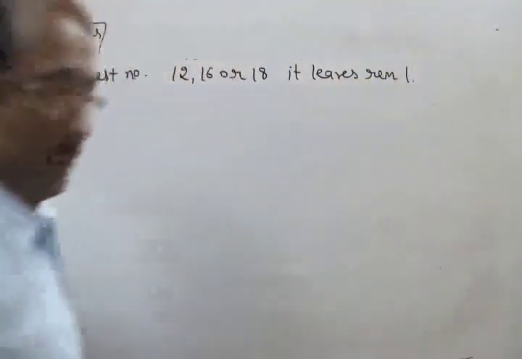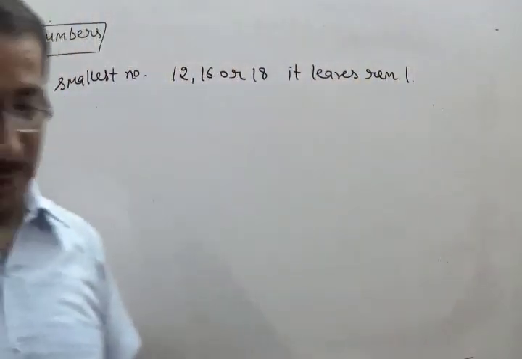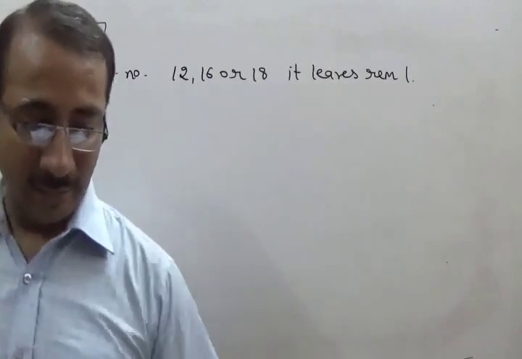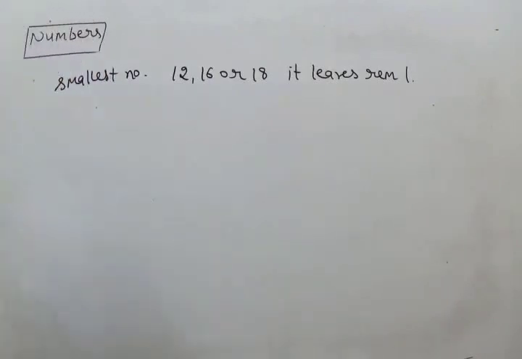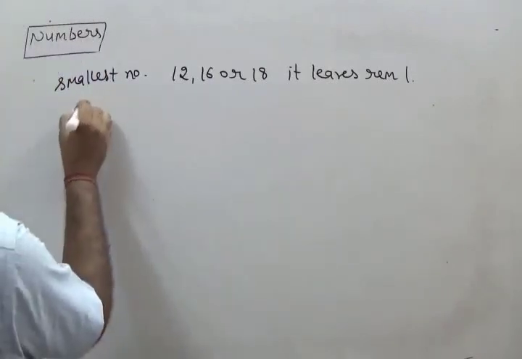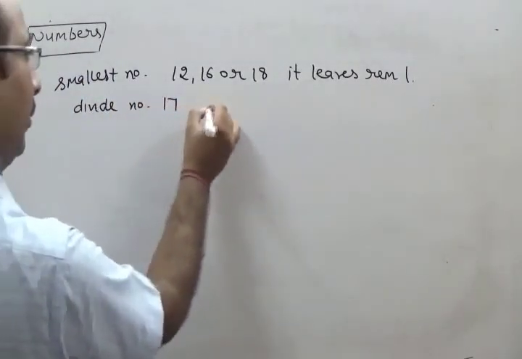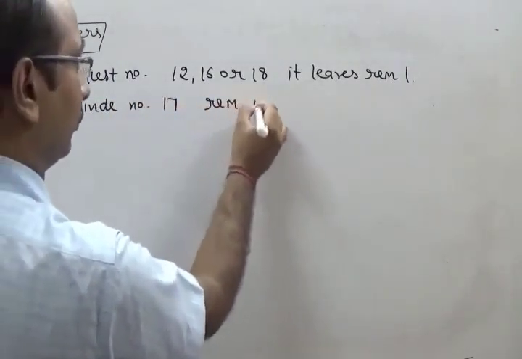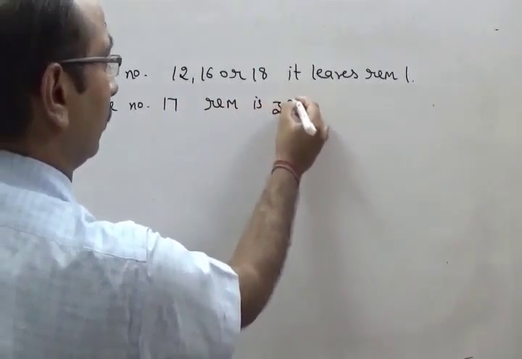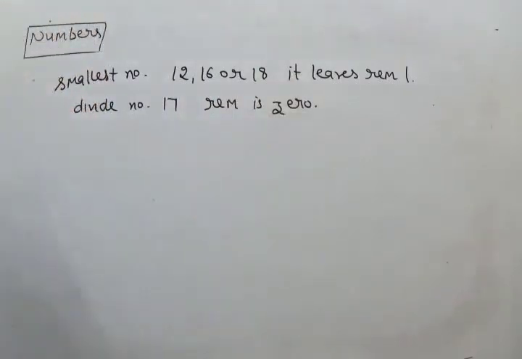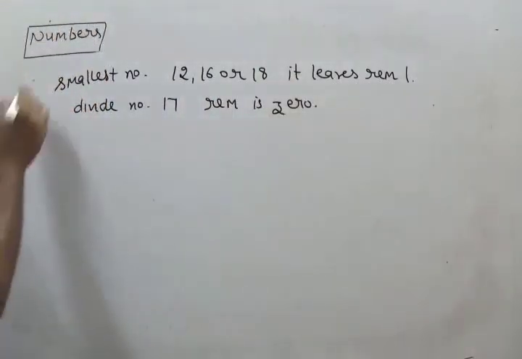When we divide the number by 12, 16 or 18, my remainders are equal to 1. But when we divide the number by 17, the remainder left is equal to 0. We have to find such a smallest number.